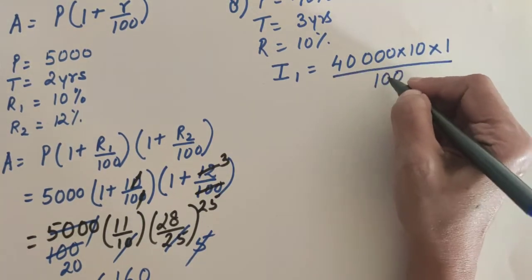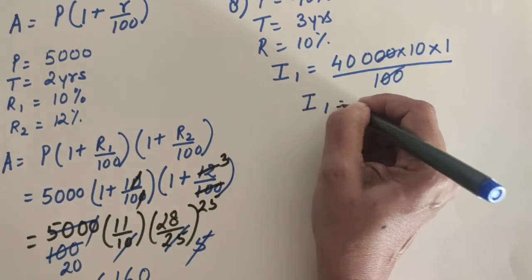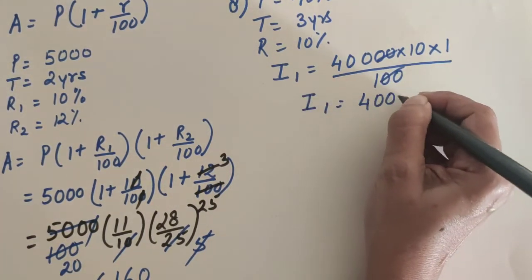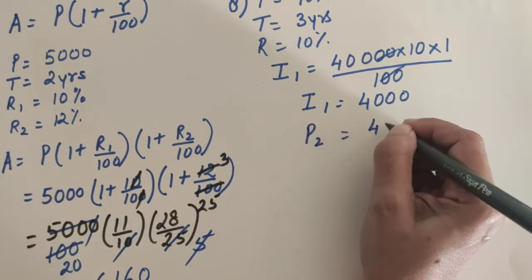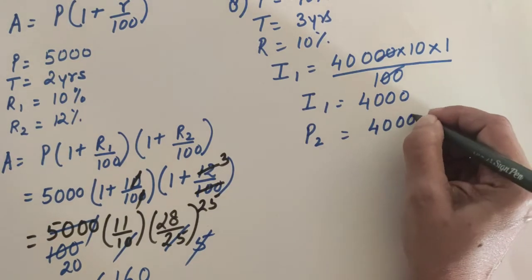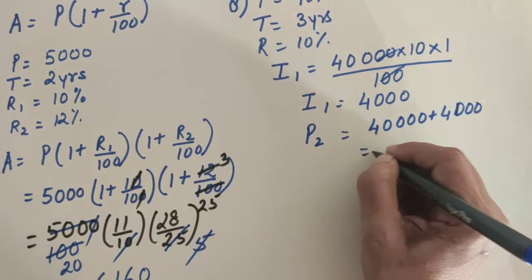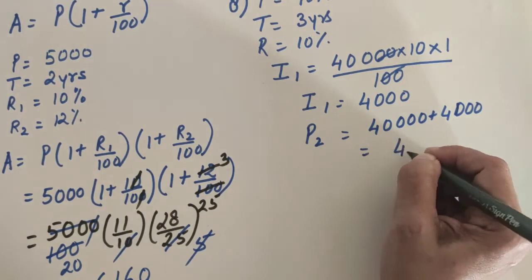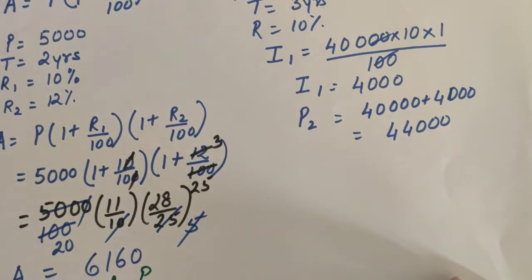So the interest for the first year is 4,000 rupees. So the principal for the second year becomes 40,000 plus 4,000, which is giving you 44,000 rupees. Okay, this is the principal for the second year.